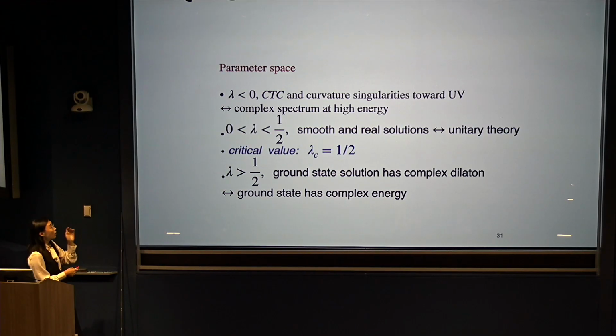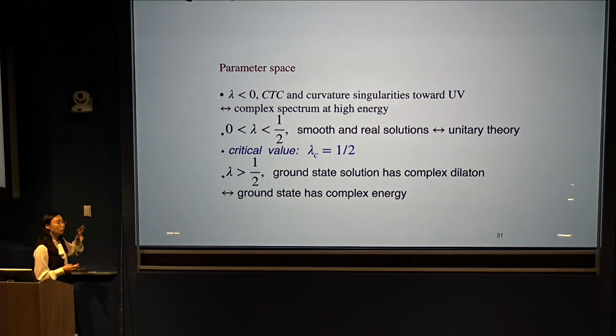And in the bulk, what happens? When lambda is 0, there will be CTC. If the bulk has a spatial circle before the deformation, then after the TsT we will get a CTC. And meanwhile, at the same location, there's also a curvature singularity.